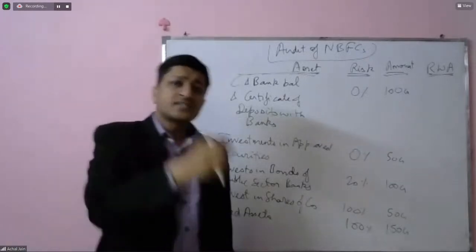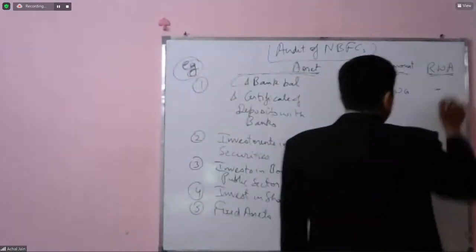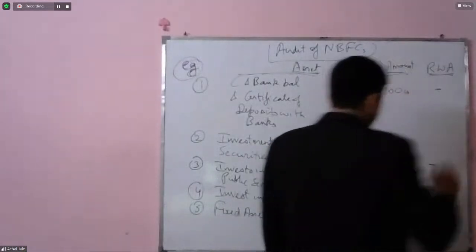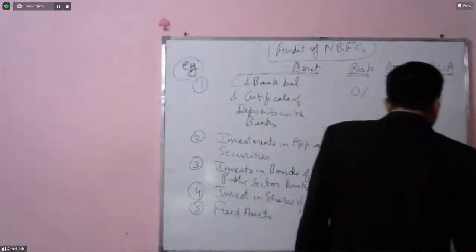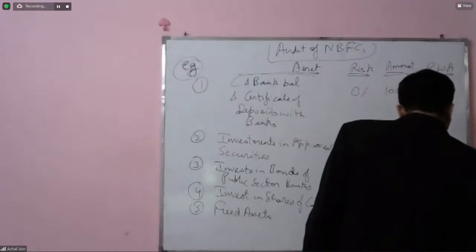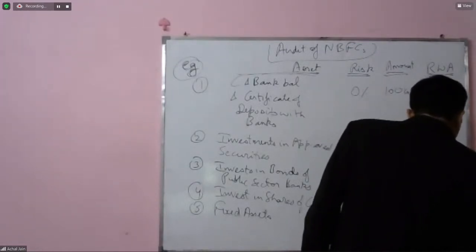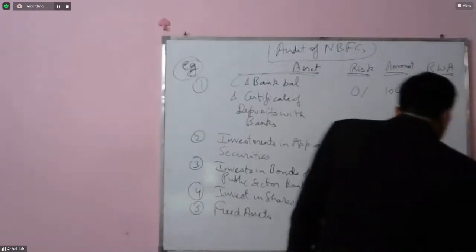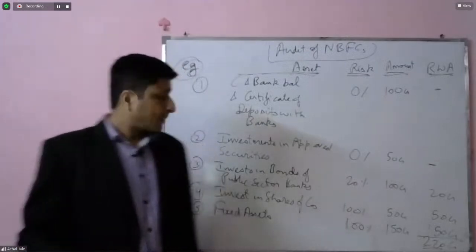If we attach the risk, what's the amount that we'll get? It will be 0. This will be 20%, so this becomes 20 crore. This becomes 50 crore. This becomes 150 crore. So all in all, we will get 220 crore as the value of the risk-weighted assets.